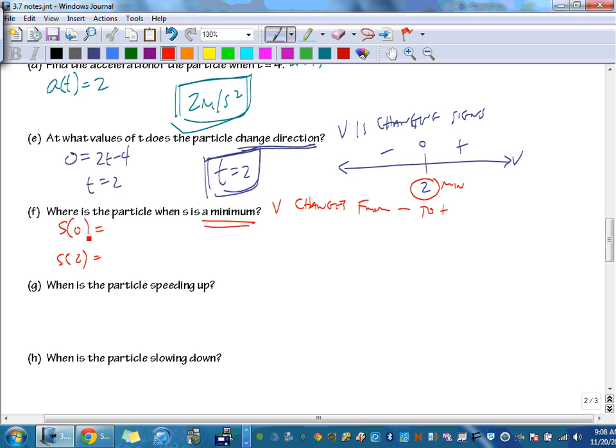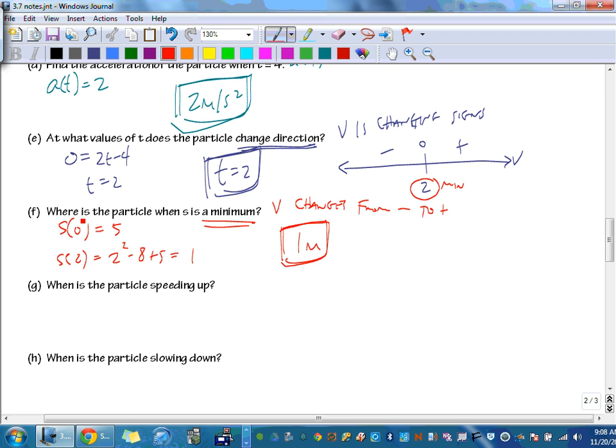Well, we already figured out s of 0 was equal to 5, if we put 0 into that equation. S of 2, we get 2 squared minus 8 plus 5. We get 1 for this one. So that is going to be our absolute minimum. It's going to be 1 meter.